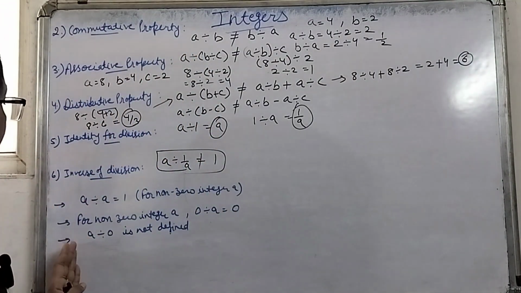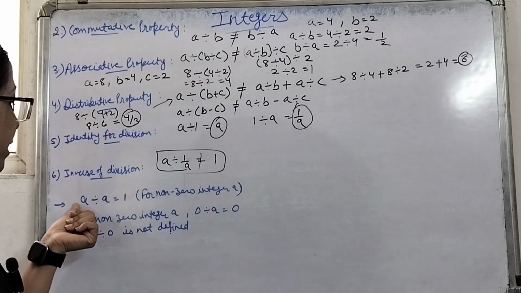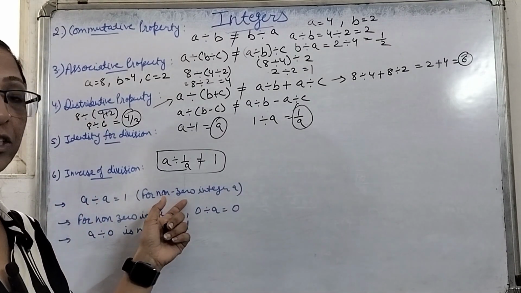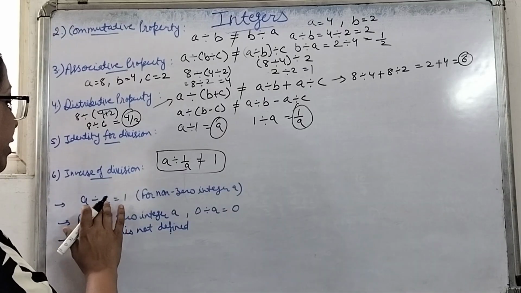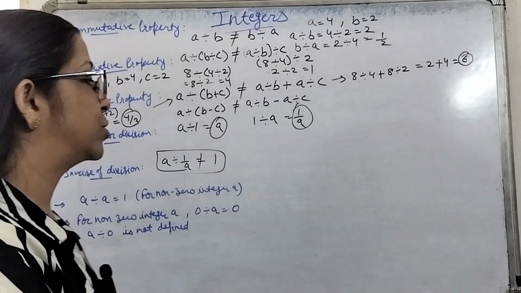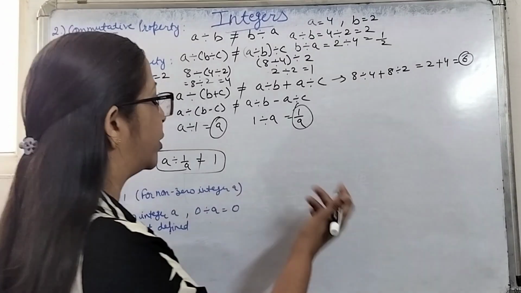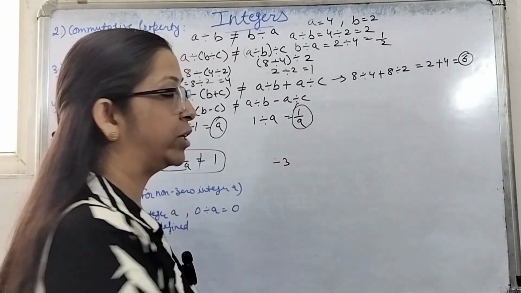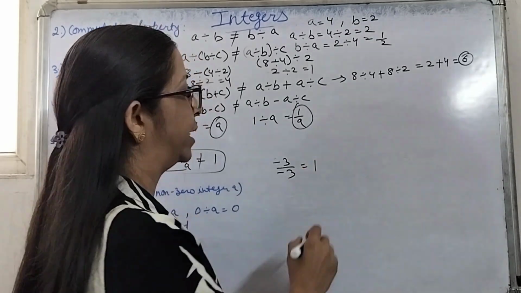Now there are some more properties of division. If a is any non-zero integer, the value of a should not be 0, then if we divide a by a, the quotient will always be 1. If I say minus 3 is one of the integers, and we divide minus 3 by minus 3, we will get 1.